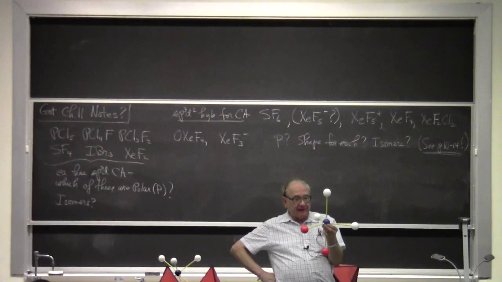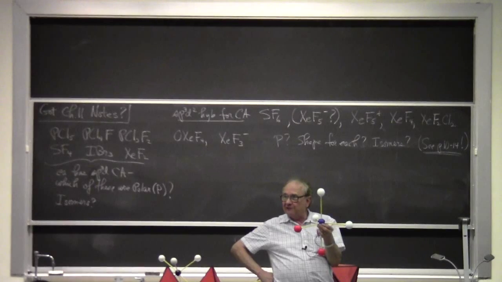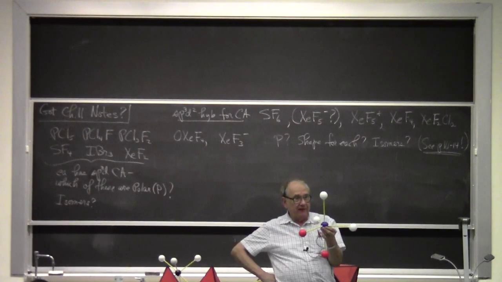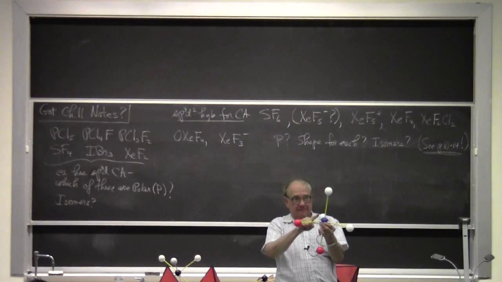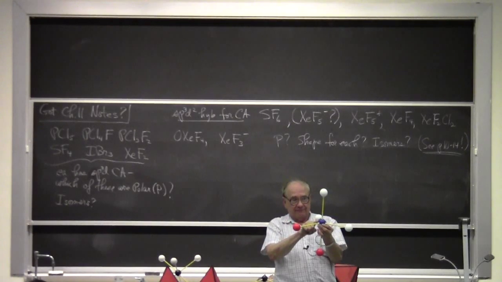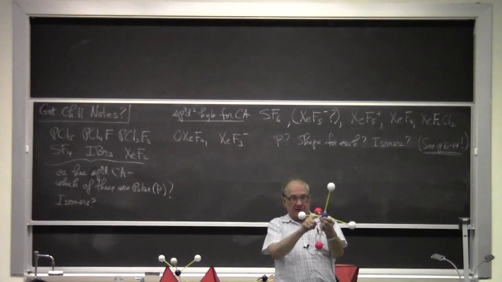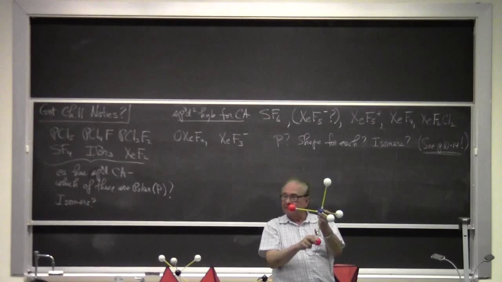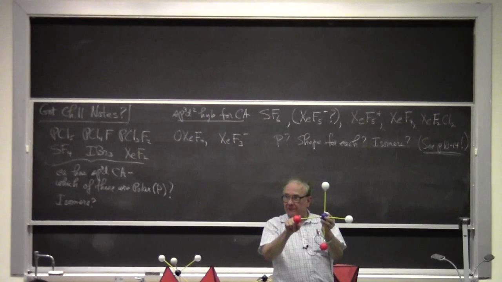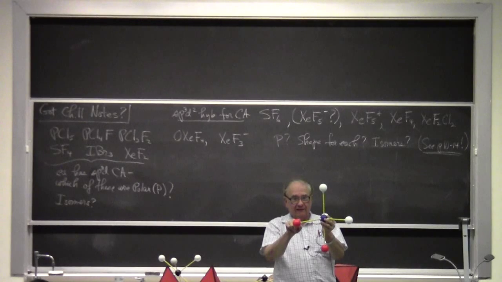Well, let's start by seeing which bond angle would be the same. Okay? How about this bond angle, and this bond angle? Are these the same? Yes. Are you sure? Okay.